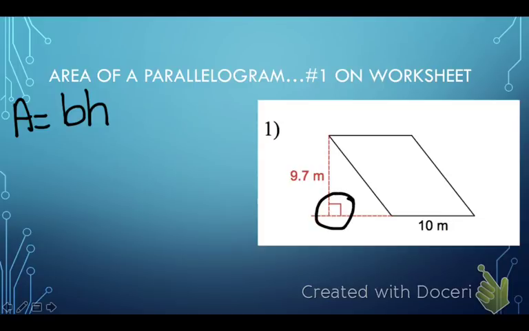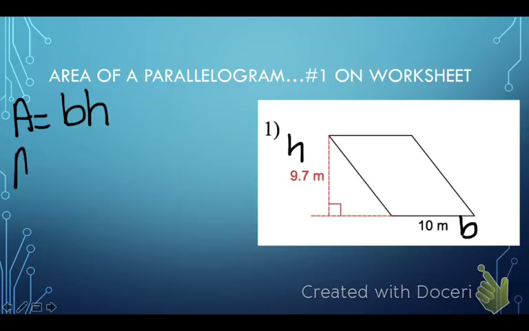These dotted lines are just there to show you the height. So the height is 9.7 because that's how tall the parallelogram is, and the 10 is the base. The height and the base are both connected by that right angle. So always look for that right angle.